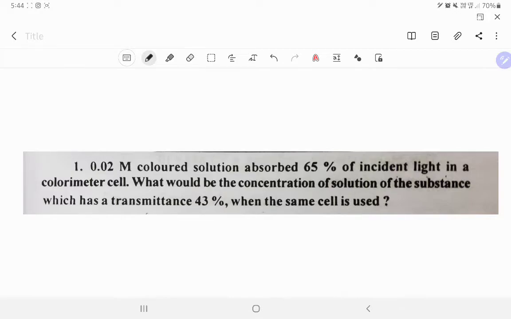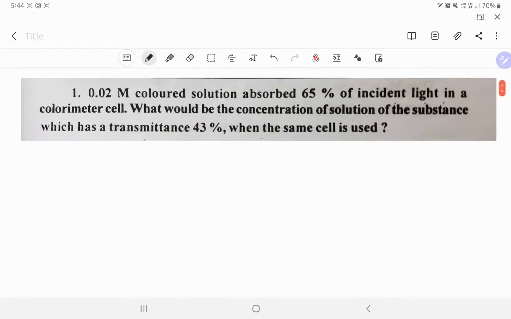Okay. Now initially while starting the solving of problem, you have to write given quantities with proper physical interpretation. We know the Lambert's law or Lambert-Beer's law. We have to use here Lambert-Beer's law. Concentration is given.